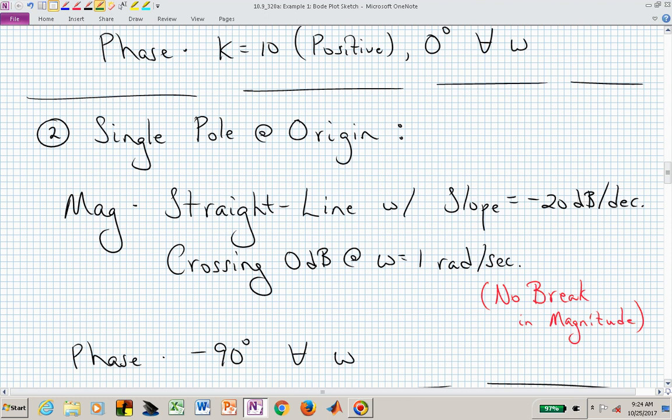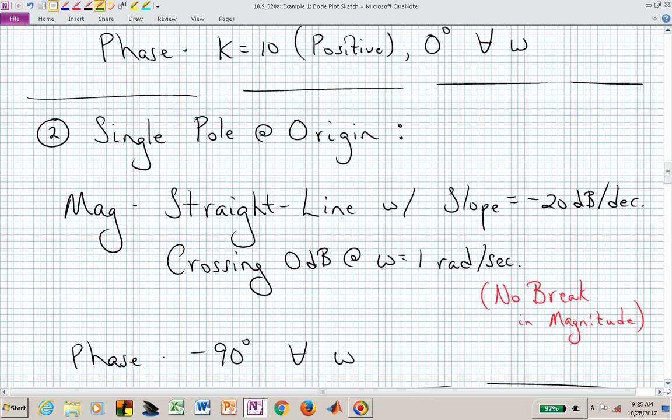We need to figure out where to plot that sloping line on our Bode plot, and a convenient frequency is omega equal to 1. At omega equal to 1, j omega has a magnitude of 1, 20 log of 1 is 0, so we're at 0 dB right at omega equal to 1.